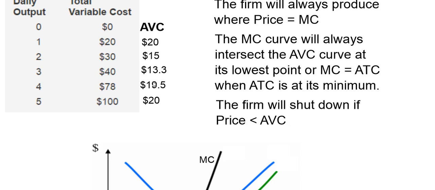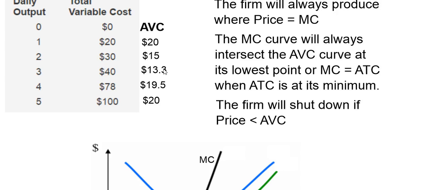We don't really know what happens in between. We know it's dropping and then at some point it comes back up. So we don't know for sure if 13.3, well, yes, we do, because they can only produce 3 or 4, they can't produce a 3.5. So we know that the minimum point of the average variable cost curve is $13.3.